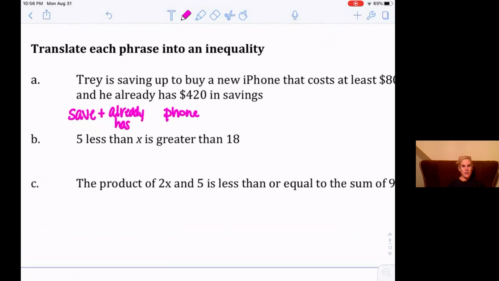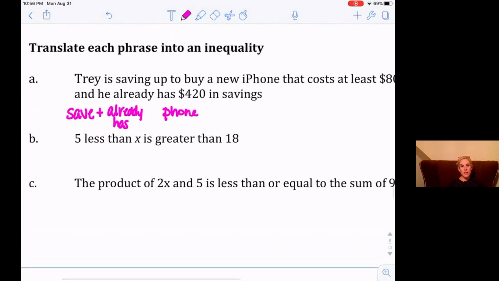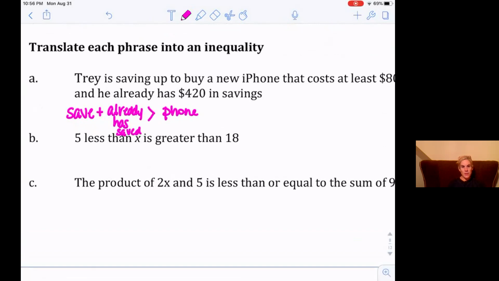So if we take into account what he plans on saving plus what he already has saved, that amount needs to be greater than the price of the phone, or it could be equal to the price of the phone. If it's equal to or greater than the price of the phone, he will be able to purchase the phone.